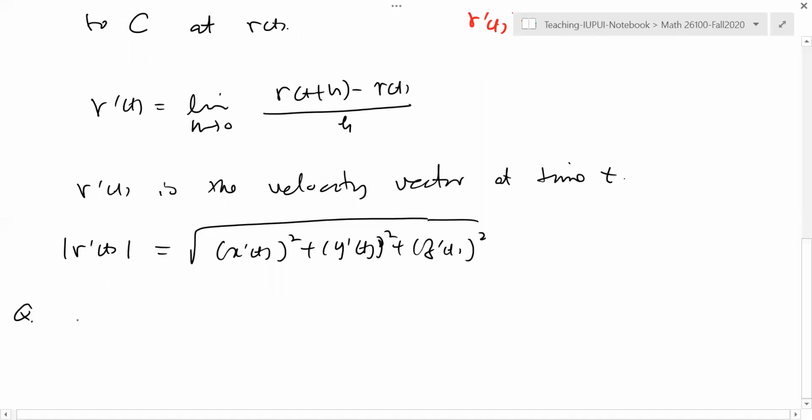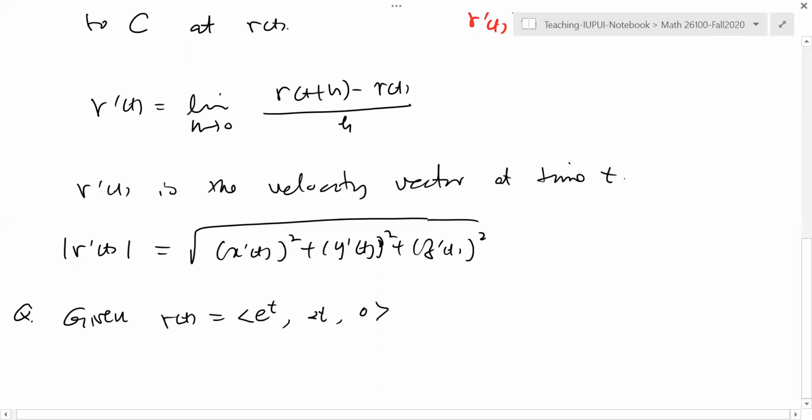All right, so we are given a vector equation over t, and that is going to be e to the power t, 2t, and 0, right?